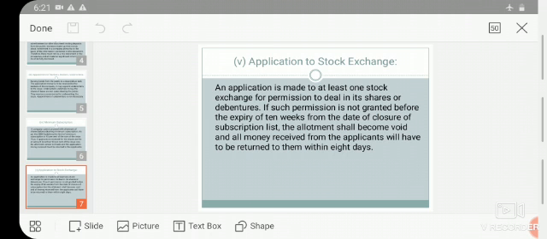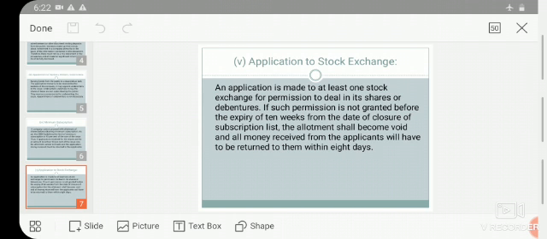That means a public company has to enroll its name with the stock exchange market through which the company is going to sell its shares and debentures. For this purpose, the company has to make an application to the stock exchange, because the shares are going to be sold to the public through this stock exchange market.